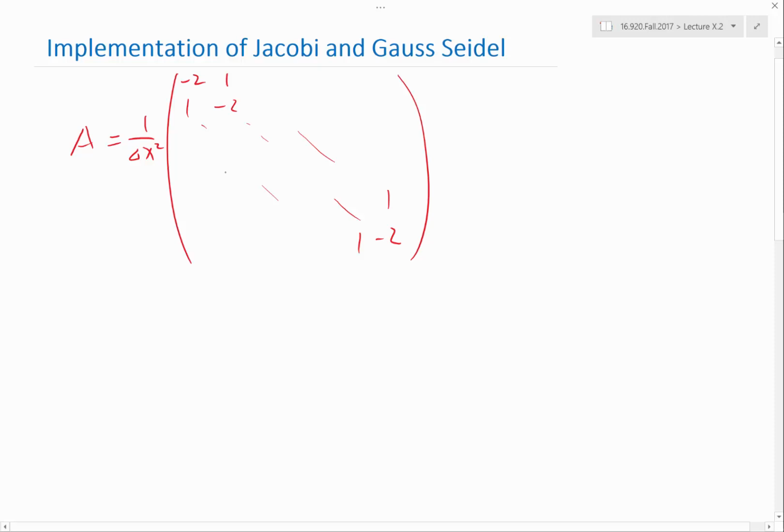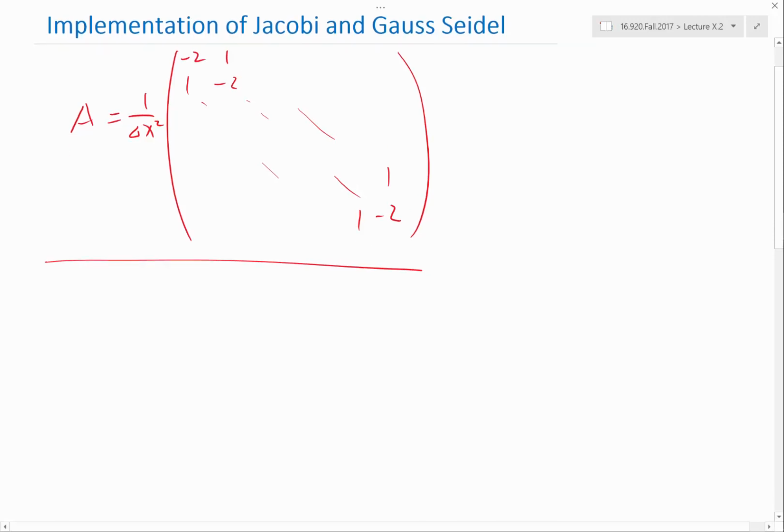So let me give an example for Jacobi and Gauss-Seidel, how I can perform the iterations if I just know the value of the matrix on paper without storing this matrix in a computer. Okay, so now I have the matrix on a piece of paper, or in my digital paper, and I want to solve Ax equals some b. Jacobi iteration, first of all, splits A into D plus OD.